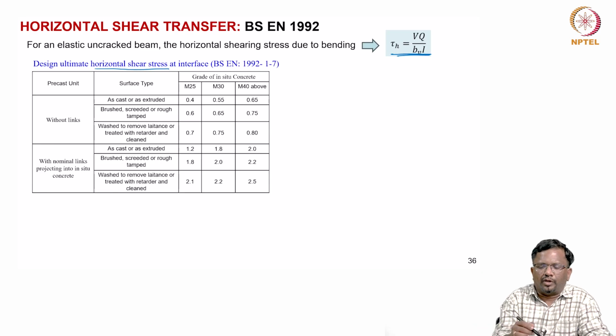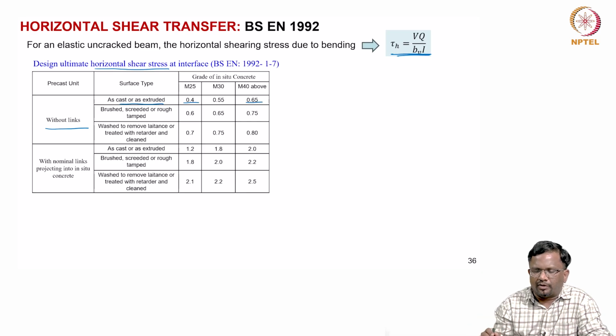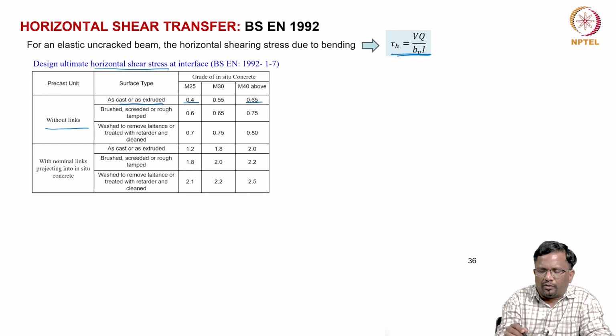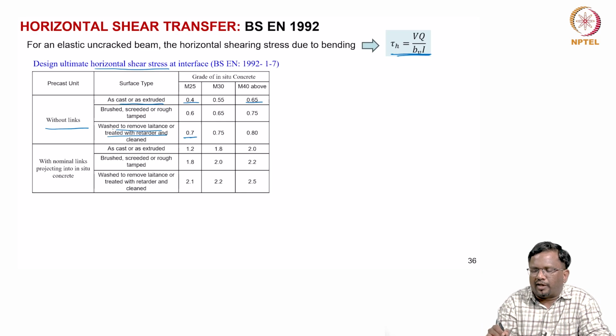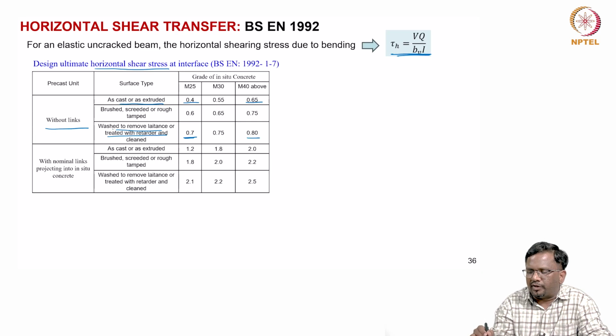For example, if I do not have any links, that means no stirrups between the precast element and the deck slab, and the slab is just as cast or extruded, then for different concrete strengths the code gives values of 0.4 megapascal and 0.65 megapascal. If it is also brushed and washed to remove laitance, and you treat it with a retarder or a cleaned surface, then you get a slightly higher value, 0.7 megapascal for M25, and for M40 and above we take 0.8.